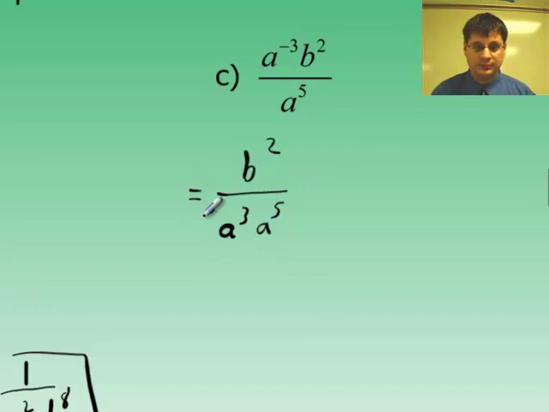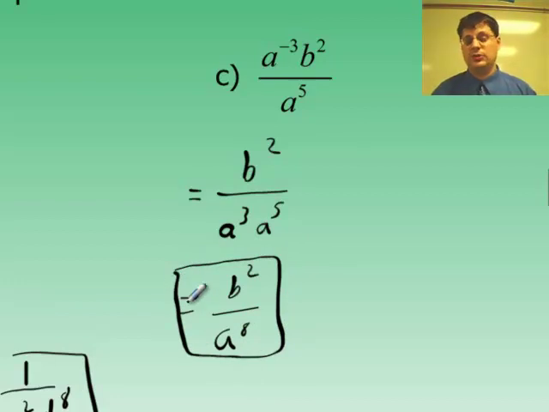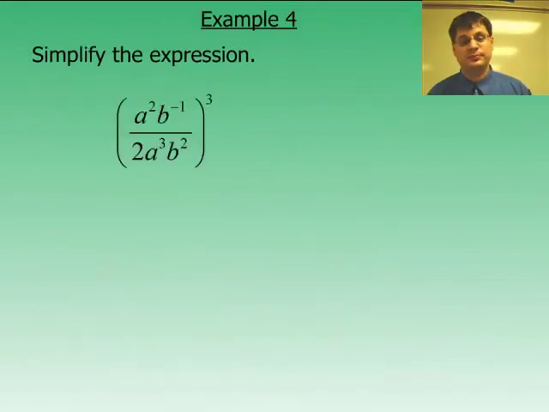And then I'll have b squared, and I multiply those together, which gives me a to the 8th. As to which is the best way, every problem's unique, every problem's going to be different. You just use the properties. Maybe you'll find a very easy way. Sometimes it might take a little bit more work, but with practice, you get better at it, like anything else.